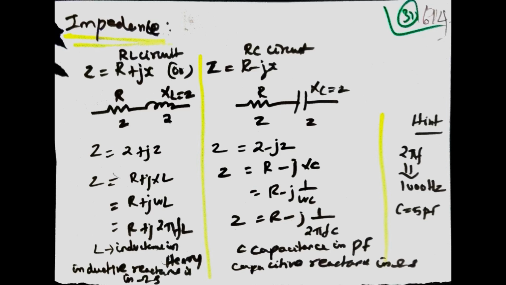Impedance Z is R plus jX for an inductive circuit, and for a capacitive circuit impedance is R minus jX. Z is R plus j 2 pi F L, only found in an inductive circuit, and for a capacitive circuit Z is R minus j 1 by 2 pi F C. That is for the capacitive circuit.